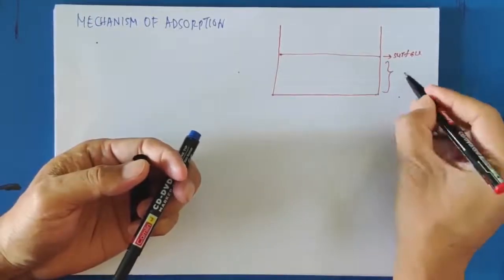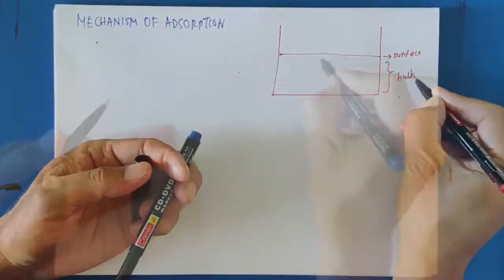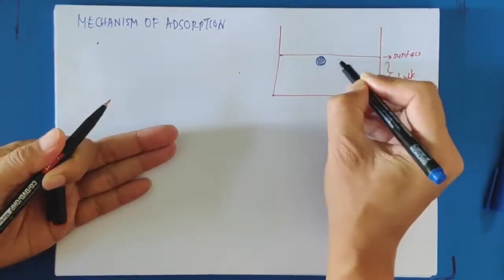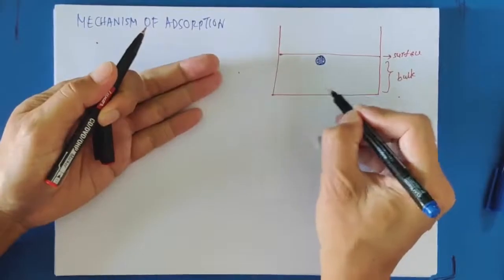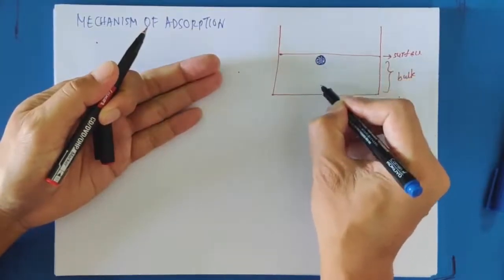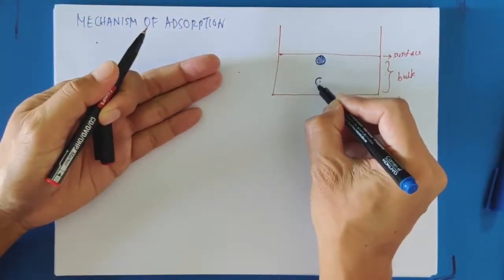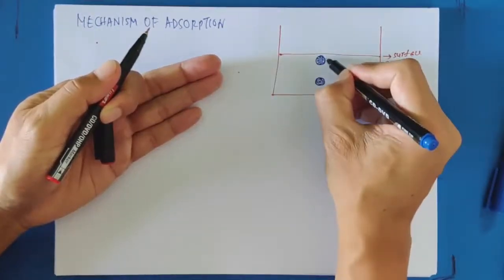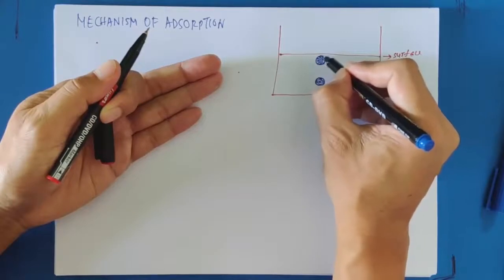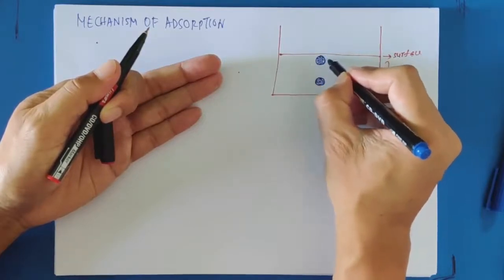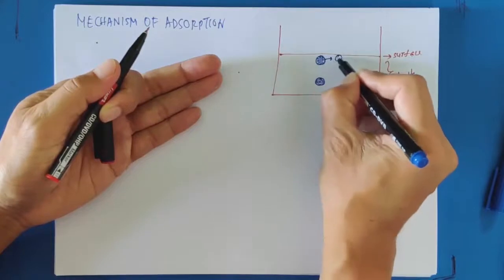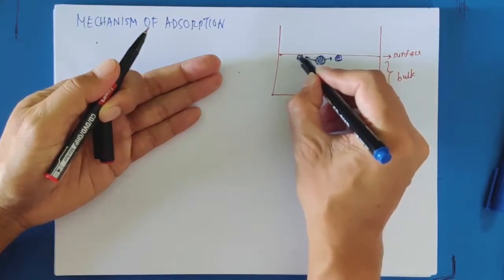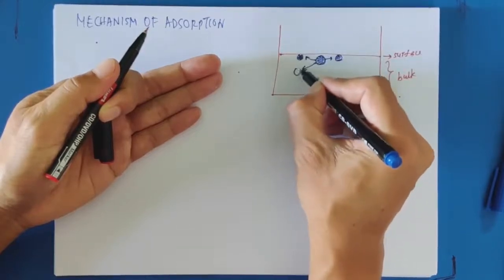The other part, the bigger part, is called the bulk. Suppose this molecule is on the surface and these are bulk molecules. Surface molecules experience attraction differently from bulk molecules.